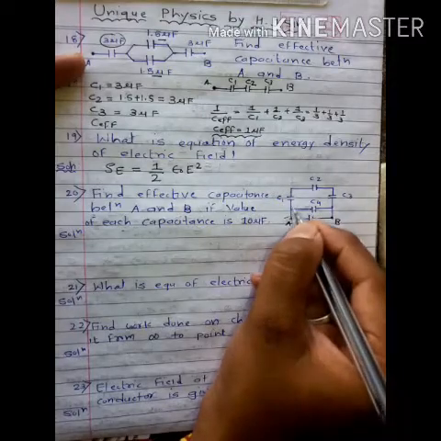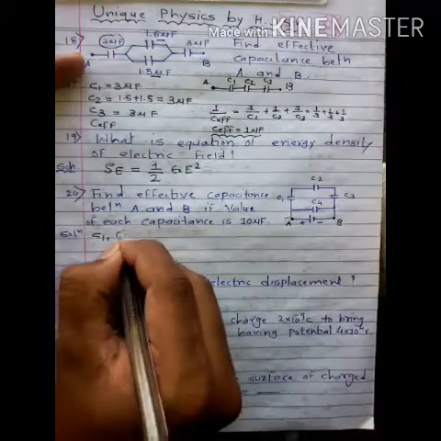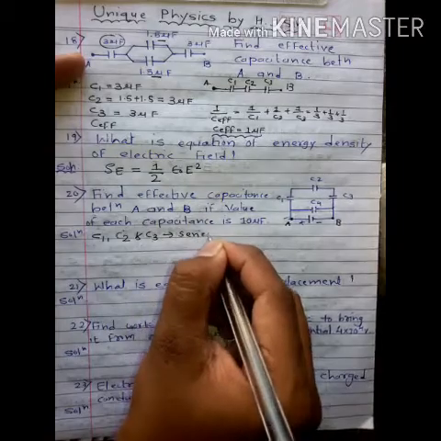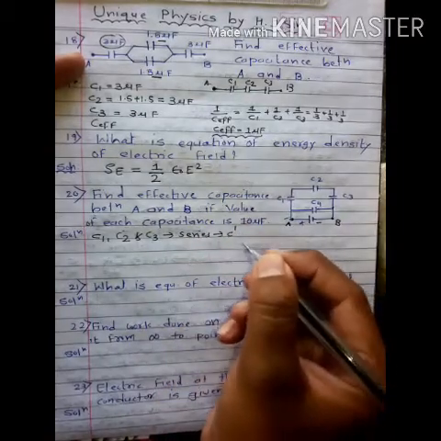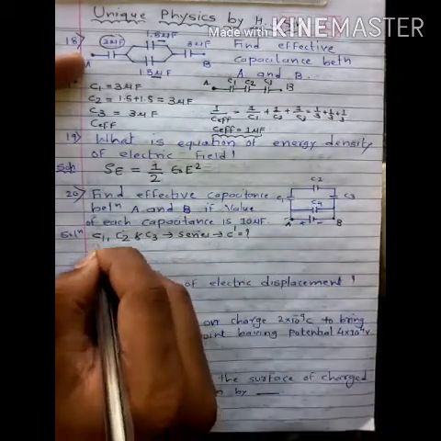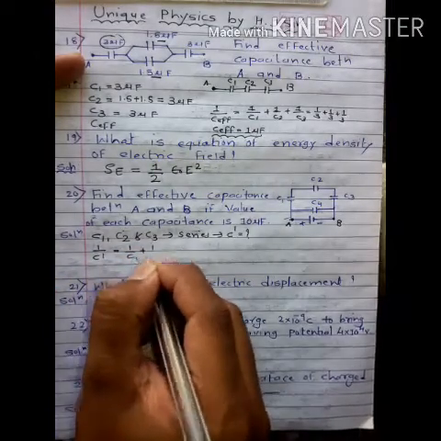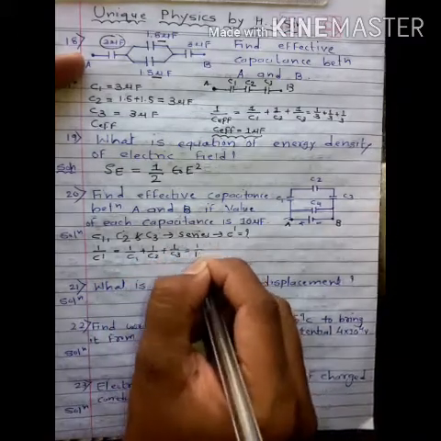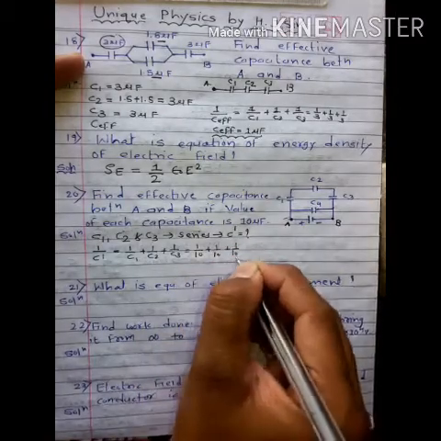So first of all we simplify these three capacitances C1, C2, C3. From this figure we can say that C1, C2 and C3, these three are connected in series. Clear? And the effective capacitance is denoted by, suppose, C dash. So 1 upon C dash is equal to 1 upon C1 plus 1 upon C2 plus 1 upon C3, means 1 upon 10 plus 1 upon 10 plus 1 upon 10.